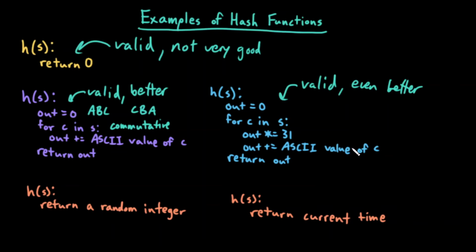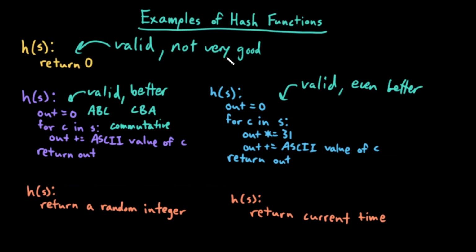So it's even better at meeting that ideal goal of having different hash values for different words. Again, remember, the only requirement is that it has the same hash value if two words are equal, but it would be nice if it would have different hash values if two words were different.